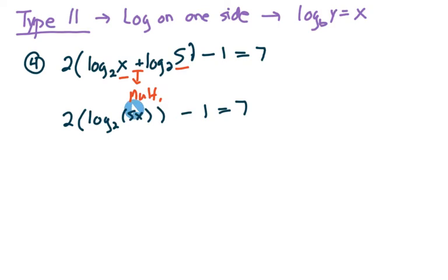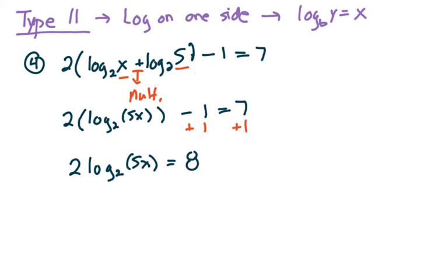Now, similar to how we wanted to get the exponents by itself in the previous type, here we want to get the logs by itself. So to get this log by itself, I'm going to first add 1 to both sides, which would give me 2 log base 2 of 5x equals 8.